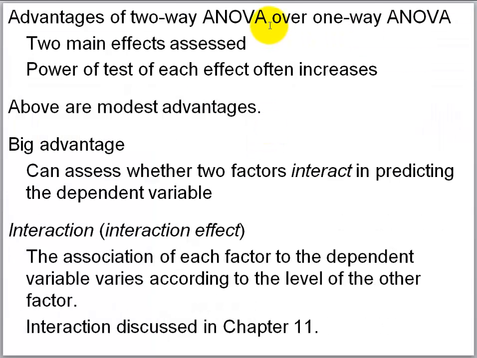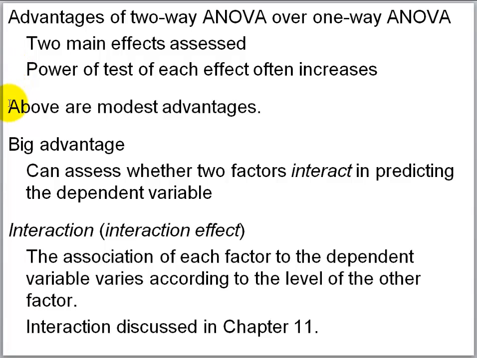Now, an advantage of two-way ANOVA over one-way ANOVA is that two-way ANOVA can assess two main effects. It's sometimes, perhaps often the case, that the power of each of these tests is greater because of the inclusion of the second factor.